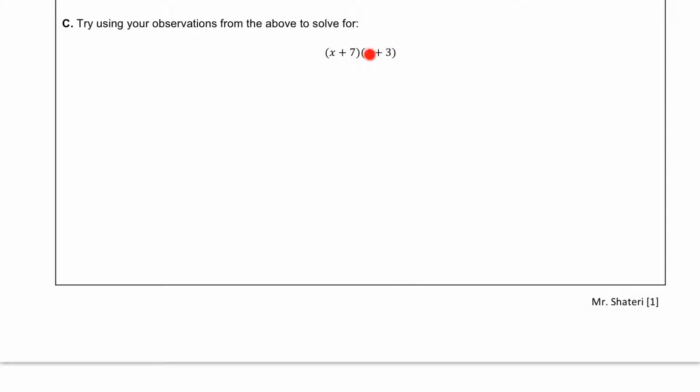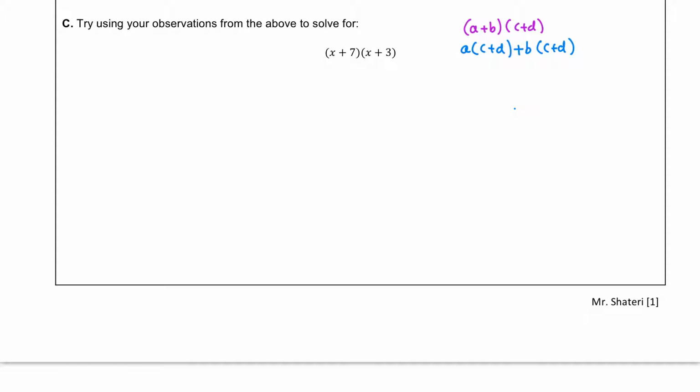So instead, I have to use the skill that I learned, which was if I have a plus b multiplied by c plus d, that's the same as saying a multiplied by c plus d, plus b multiplied by c plus d.